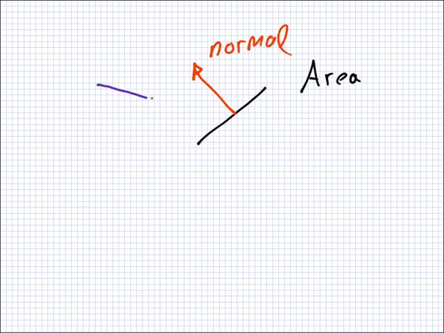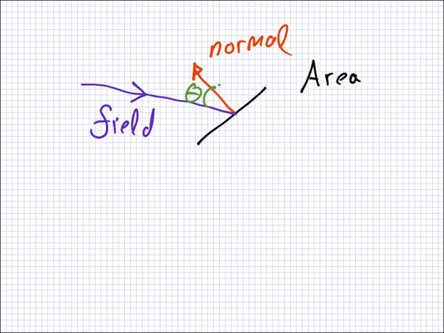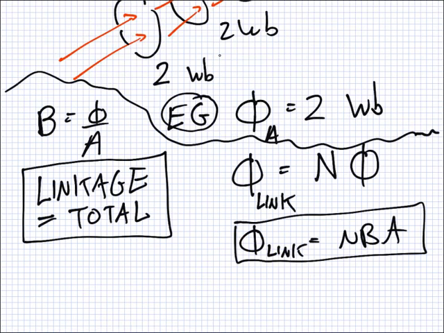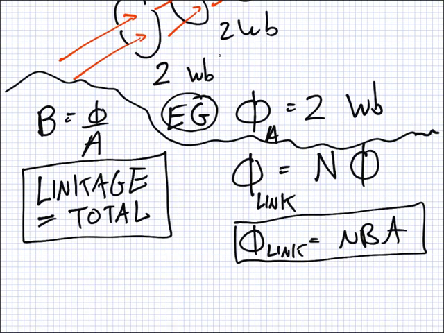And let's say there's the field. And now they are at an angle. Guys, if I use this picture here, what is the theta in this picture? Is it 0 or 90 in this picture? And remember, it's like this.